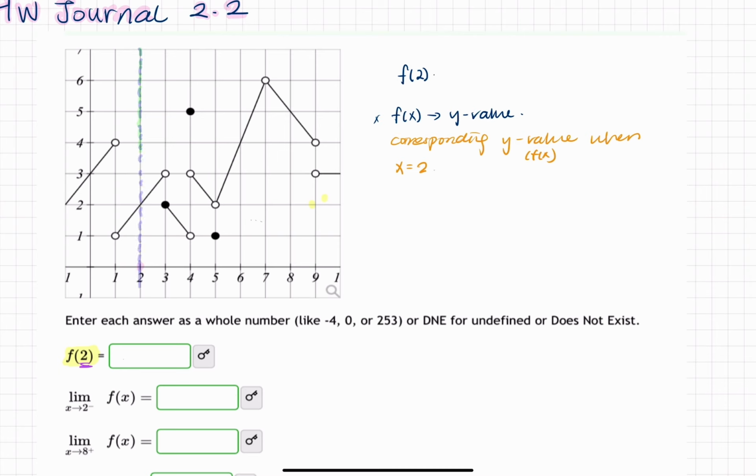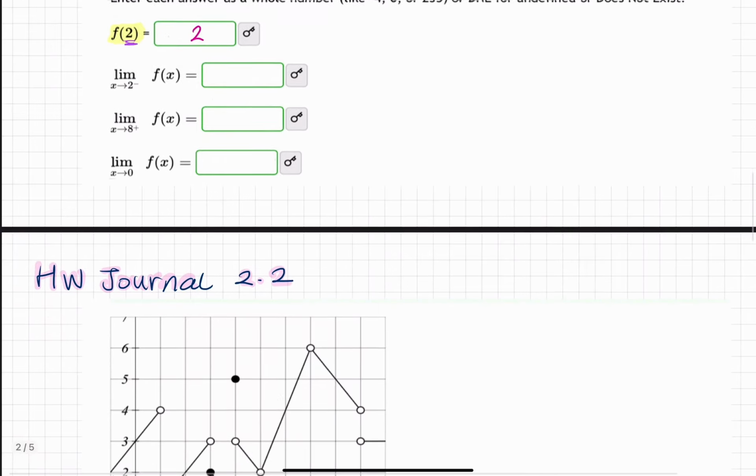We're looking for the y value that corresponds to the x value, and we can tell the y value is 2. So the answer to the first question is 2.